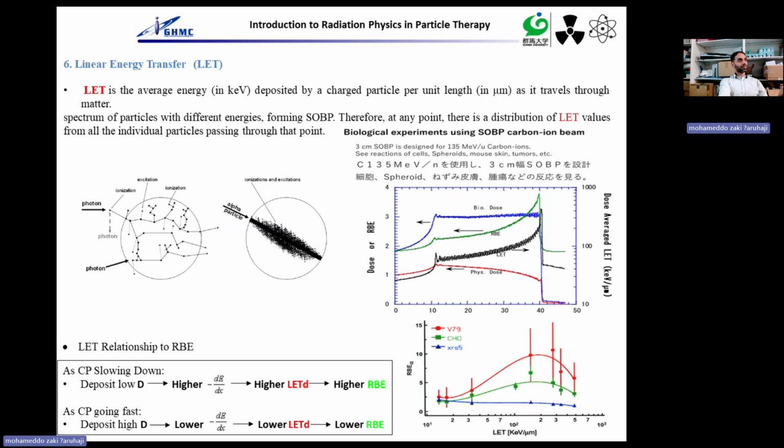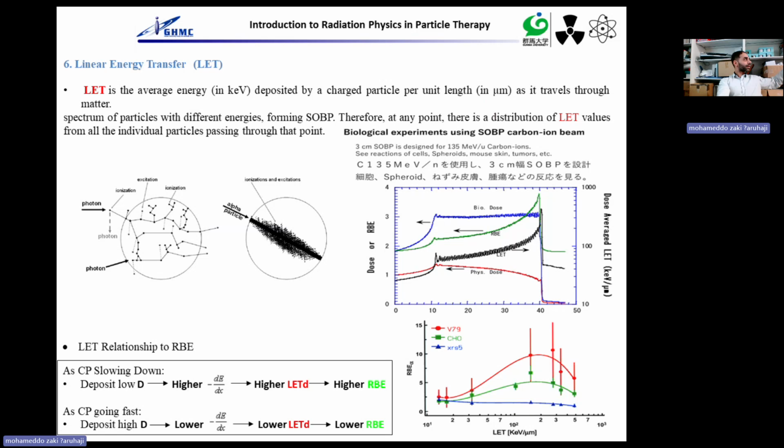But in particle radiotherapy, we use LET guided or RBE guided. Now for particle therapy, why do we use this? Why do we use LET guided? Because of RBE. For proton, RBE is 1.1, constant, because LET is high, but is not as high as carbon.